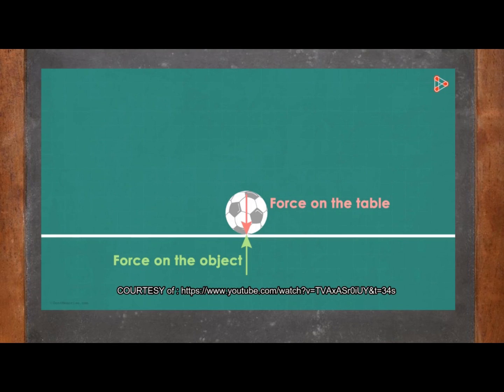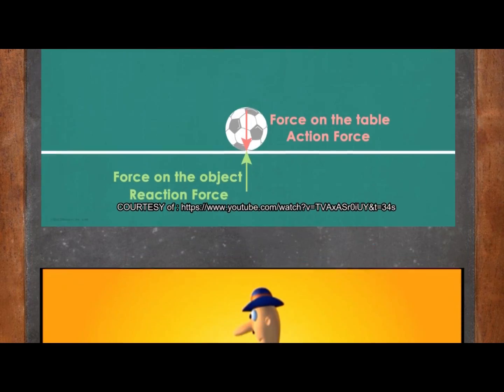The magnitudes of the two forces are the same, but the directions are opposite. These forces are called action and reaction forces. The force exerted by the object on the table is the action force, and the force exerted by the table on the object is the reaction force.